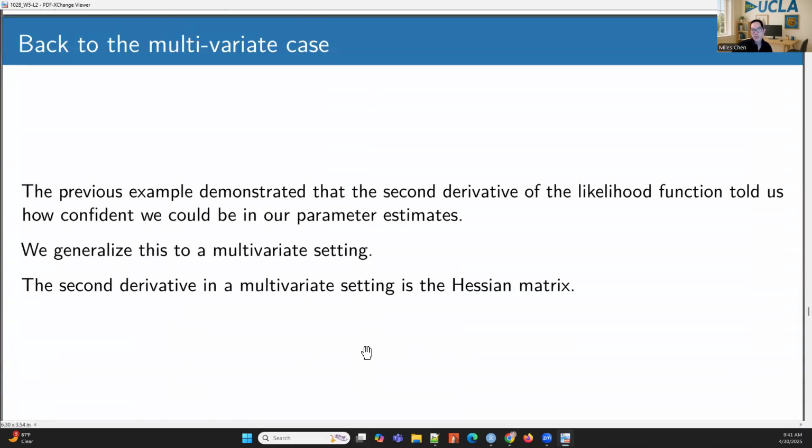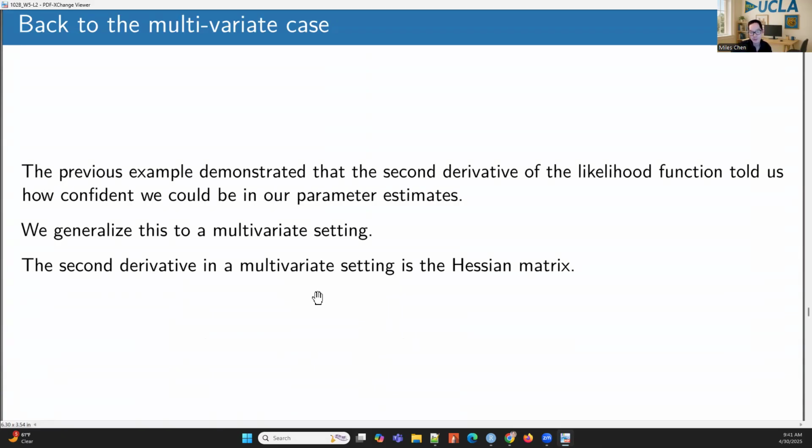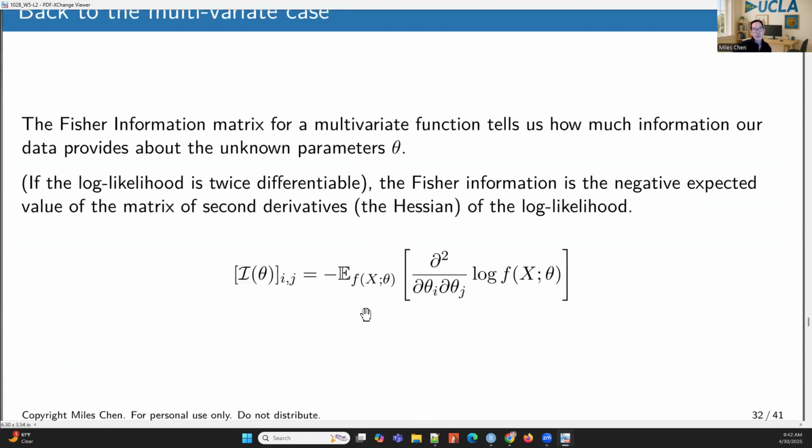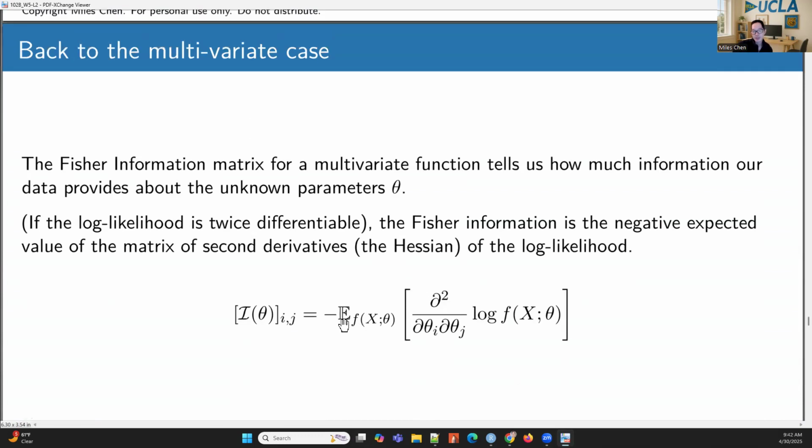So we can now move back to the multivariate setting with the Hessian matrix. The Fisher information for a multivariate function is going to be a Fisher information matrix. This is going to tell us how much information our data provides about the unknown parameters theta.